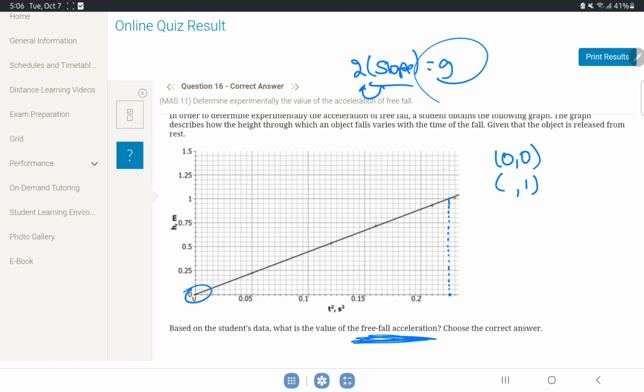Here we have it. Now, let's evaluate each box. 0.15 starts from here. How many boxes do we have? 1, 2, 3, 4, 5, 6, 7, 8, 9, 10. There's 10 boxes, okay?